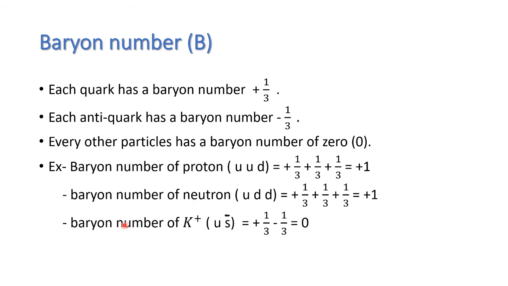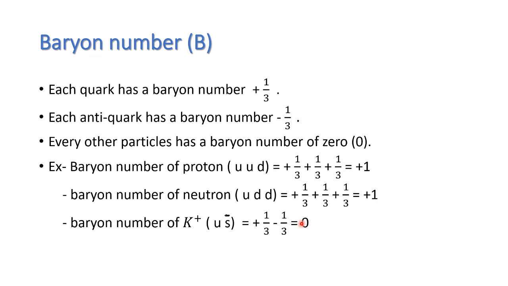Now if you take the K meson, the composition is U and S bar. U has a baryon number of +1/3, and the anti-strange quark has a baryon number of -1/3. Together, this gives a baryon number of 0.